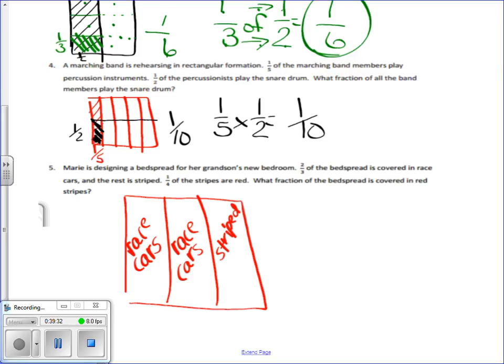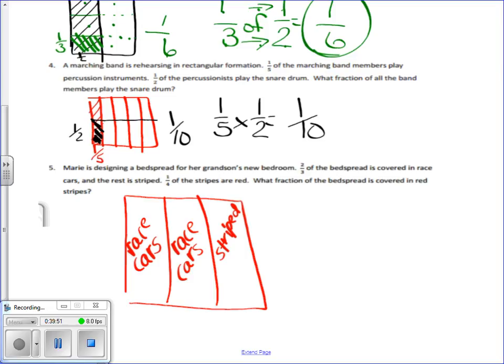1/4 of the stripes are red. If you did 1/4 of 2/3, you're doing 1/4 of race cars. You have to go all the way to the stripes.